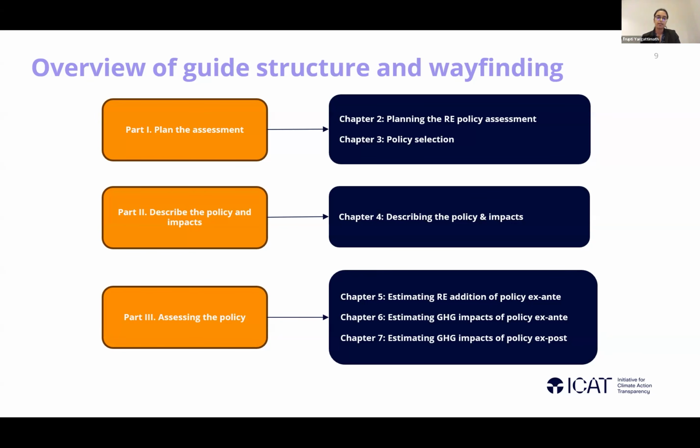And finally, in part 3, we have presented the core of the methodology, which includes steps to estimate the addition of renewable energy, GHG impacts for both ex ante and ex post assessments, how to estimate the cost of policy implementation, etc. So basically, this guide can be used at various stages of the policy cycle, and we will take a look at a few of the highlights in the following slides.